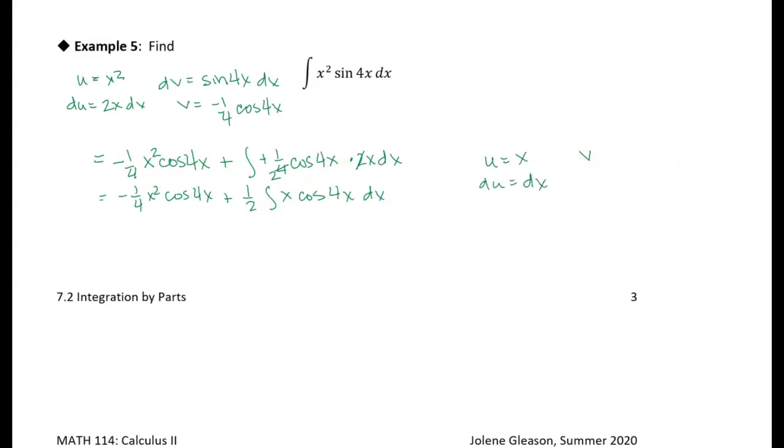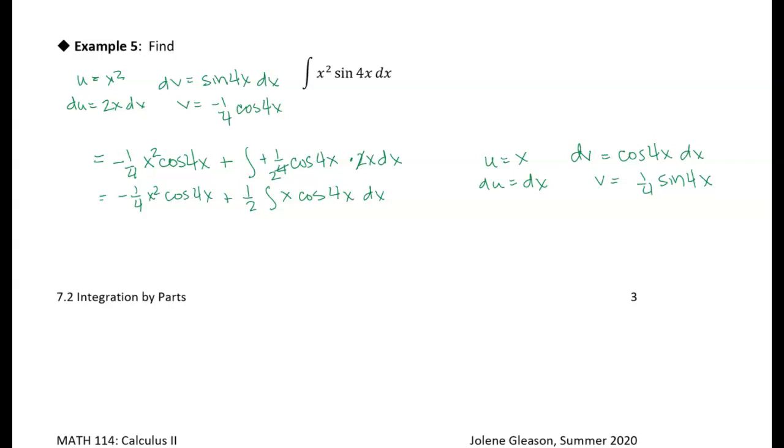I'm going to let dv equal cosine of 4x dx. And so then v is the integral of that, which is going to give me 1/4 sine of 4x.